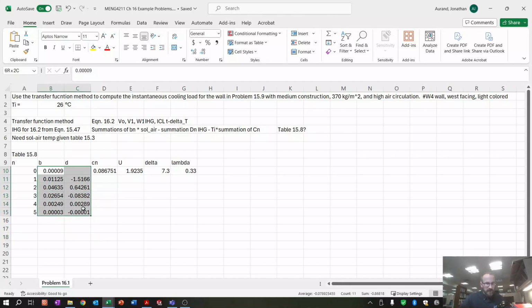I'm just going to highlight these here to show that these are inputs to other things. I don't know if we'll need all of them, but I'll just grab those. Those came from this table 15.8. We need the solar air temperature. I'll grab that in a minute. But then from table, let's see, table 15.3 has that.